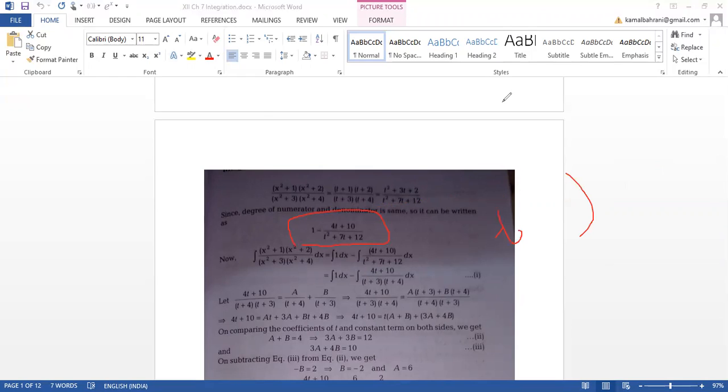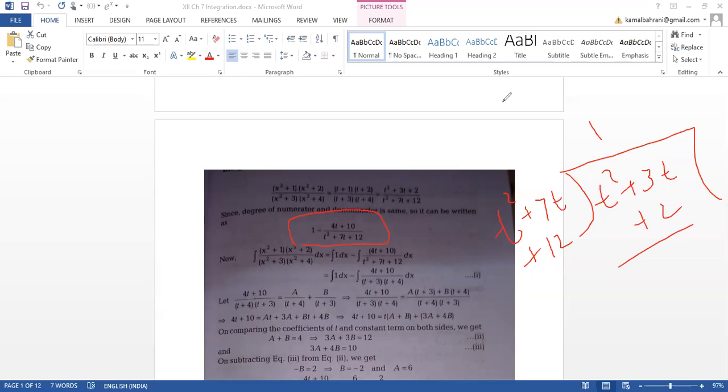So t square ones are t square, this term into 1 will give you t square plus 7t plus 12. Now you subtract it, t square will get cancelled with t square. 3t minus 7t will be minus 4t.